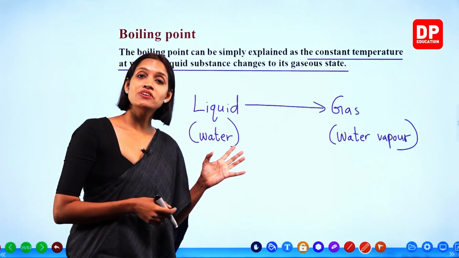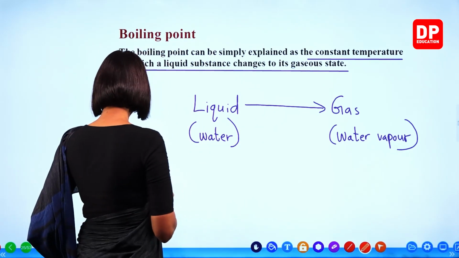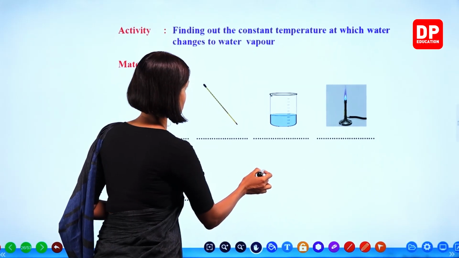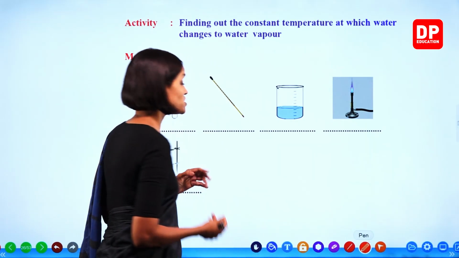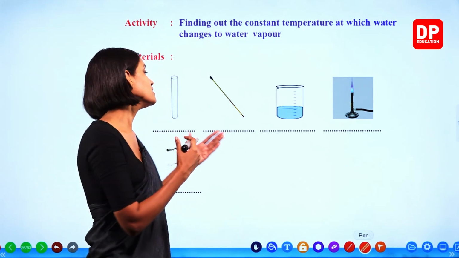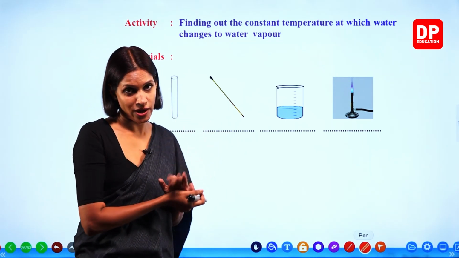So we are going to do an activity to understand this better. The next activity is finding out the constant temperature at which water changes to water vapor. Change of state takes place here also. We are going to check whether there's a specific or non-changing temperature for this activity to happen.